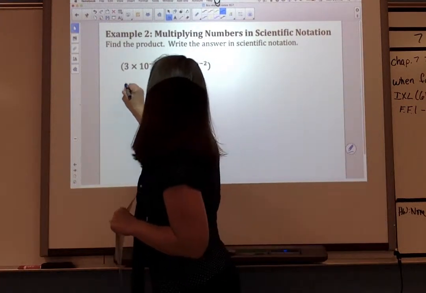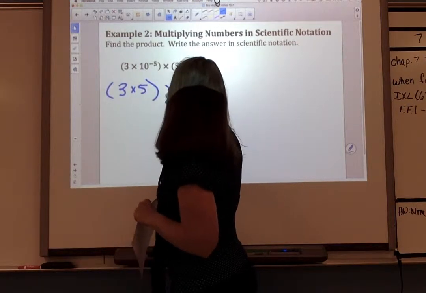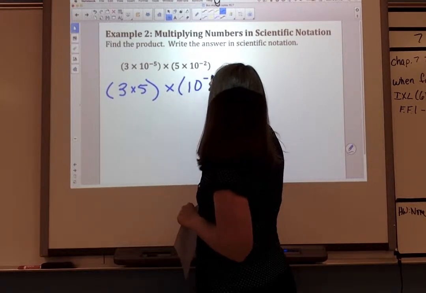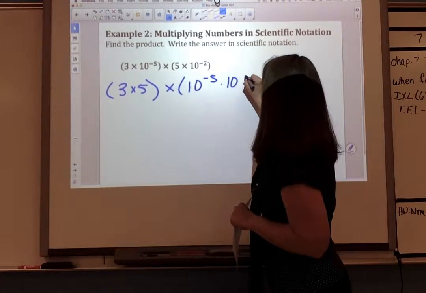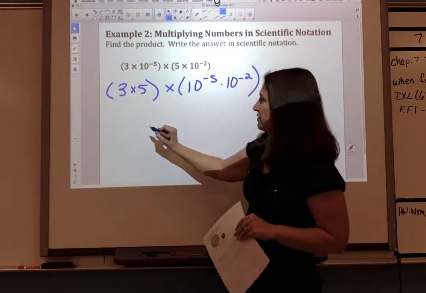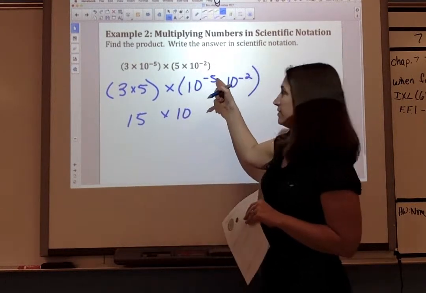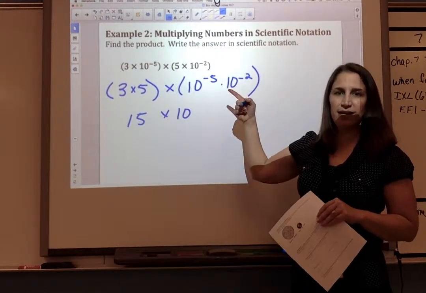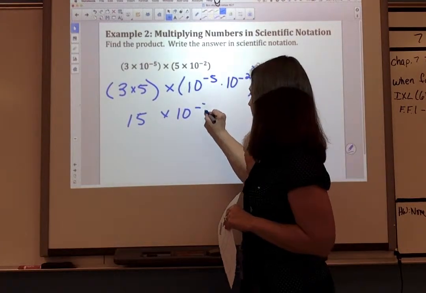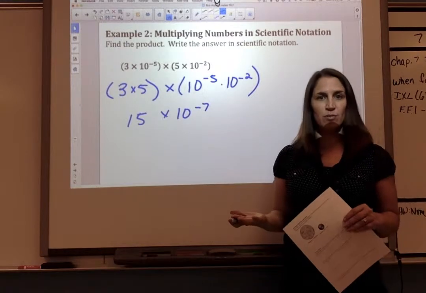So we're going to change this around and say we want 3 times 5 together, and then we want 10 to the negative fifth times 10 to the negative 2 grouped together. So 3 times 5 is 15. And we know that 10 to the negative fifth times 10 to the negative second is 10 to the negative seventh.